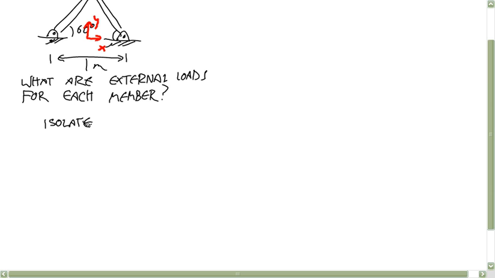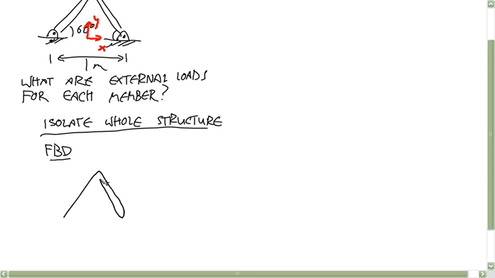So first I'll isolate the whole structure. So the free body diagram looks like this. We have a force here.